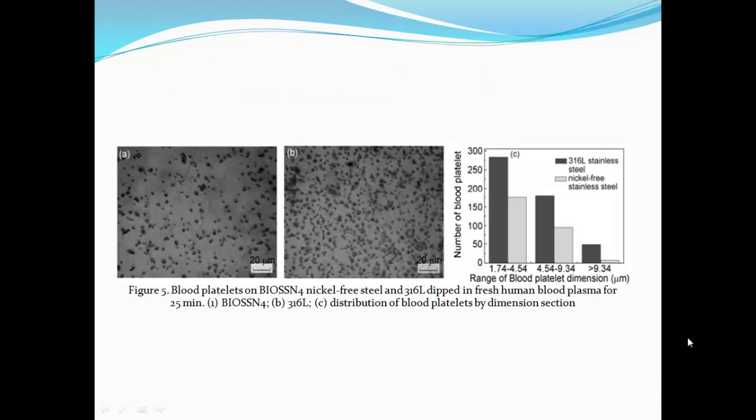Shown in figure 5 above, nickel-free steel indicated fewer platelets than 316L stainless steel after long time dipping in fresh human blood plasma. As a result, nickel-free steel has better anti-platelet adhesion performance compared with 316L stainless steel.